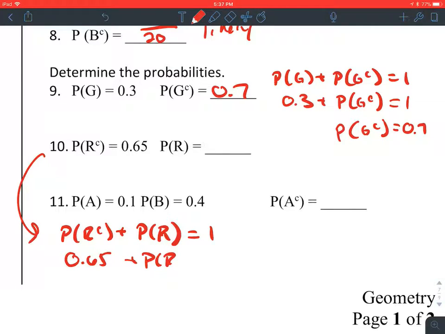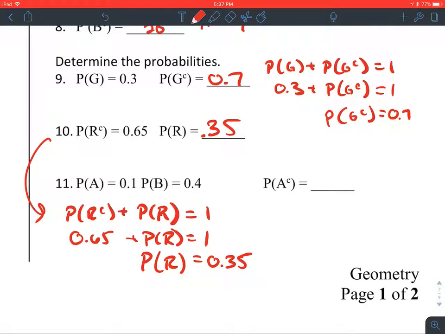That means the probability of R happening is going to be 1 minus 0.65, oh geez, I keep writing RR. It's going to be 0.35. 35% of the time you're going to get R. 65% of the time you're going to get the complement of R. Even though we don't know what R is, we're just given these numbers.